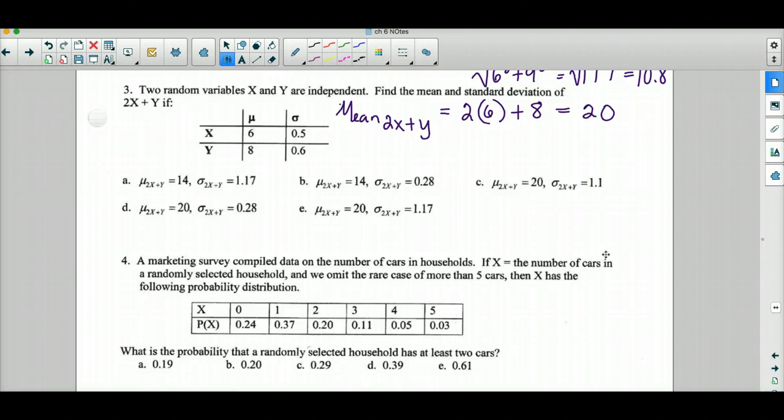So I have that my new mean would be 20. Does that make sense to you that my new mean is 20? It's 2 times 6 plus 8. All right, so then I'm going to get rid of these options that do not have 20. So now I'm looking at 3 options.